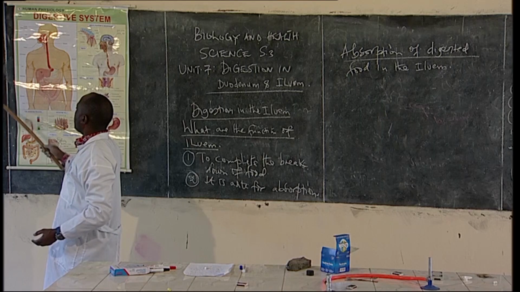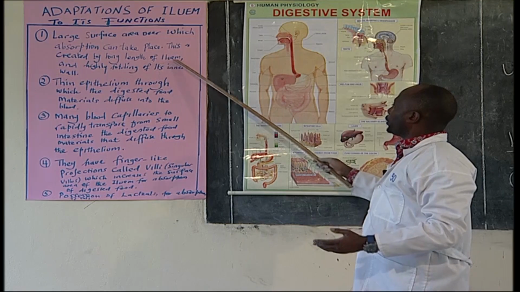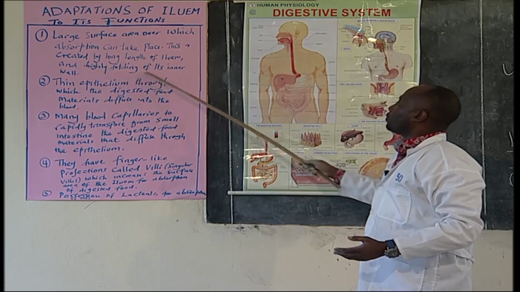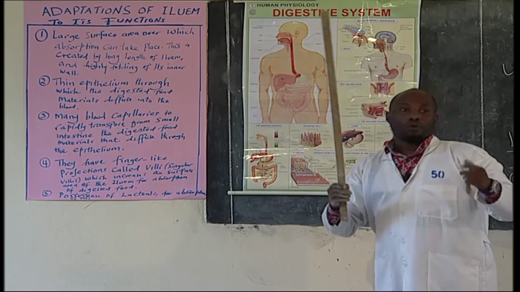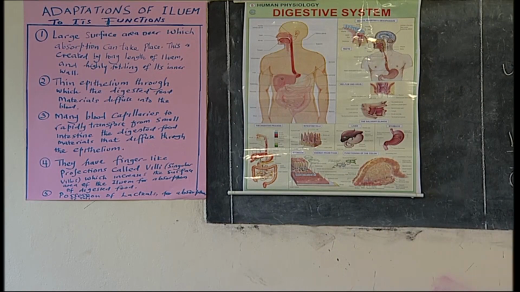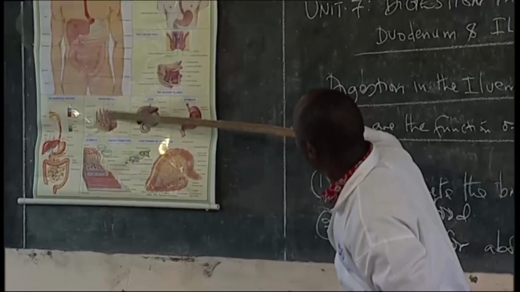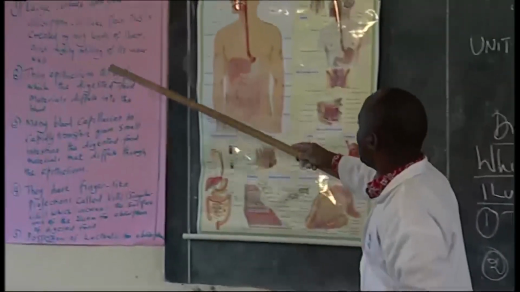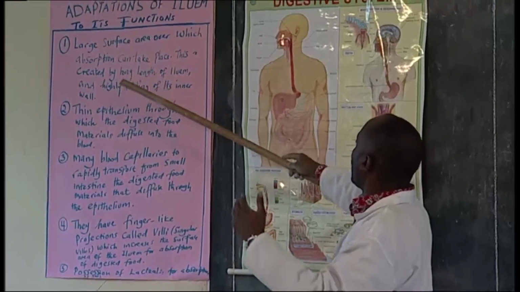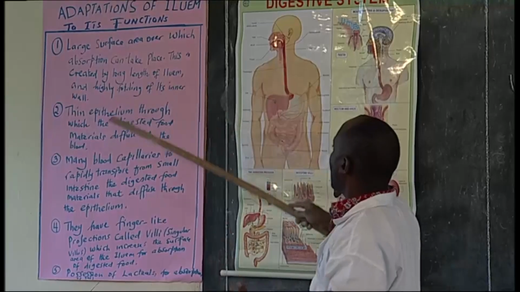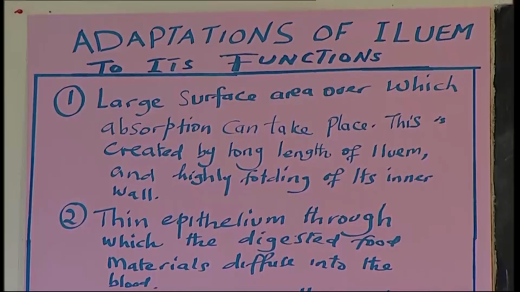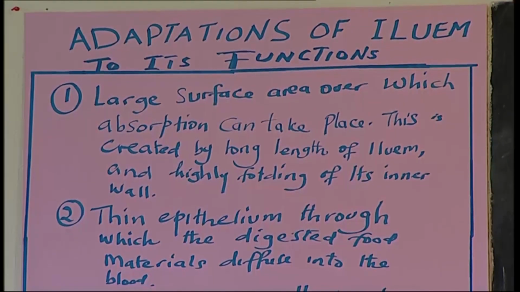This is created by the long length of the ileum and the highly folded inner wall. As you can see on the diagram, the inner wall is folded. That creates a large surface that enables the process of absorption.